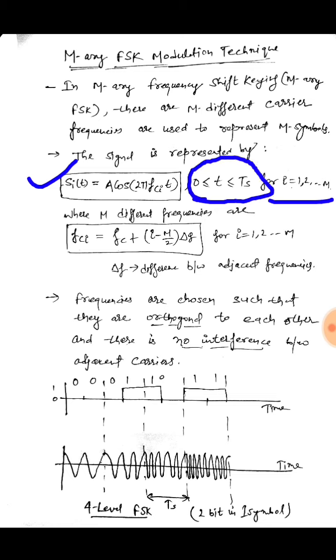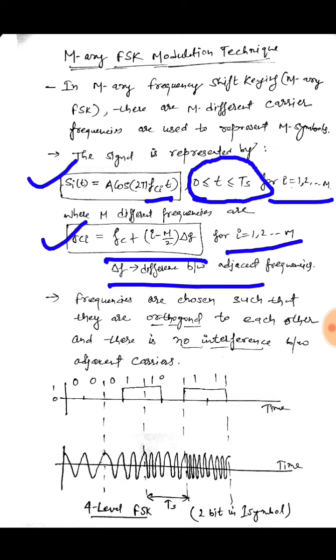So in this technique we have M different frequencies f_ci, which are given as f_ci = f_c + (i − M/2) Δf, where i ranges from 1 to M, and Δf is the frequency difference between adjacent frequencies, and M is the number of levels.